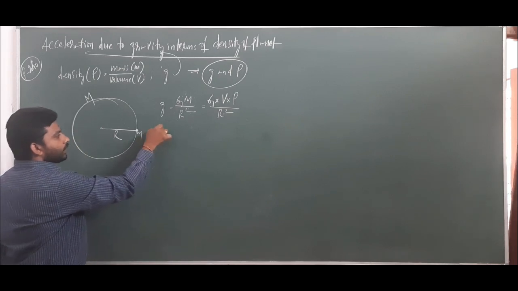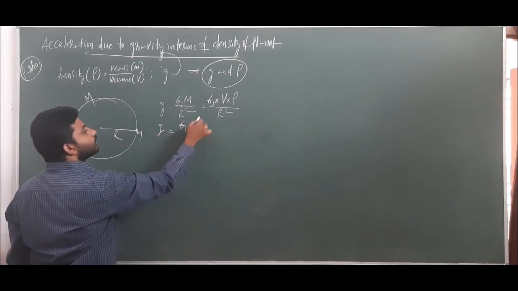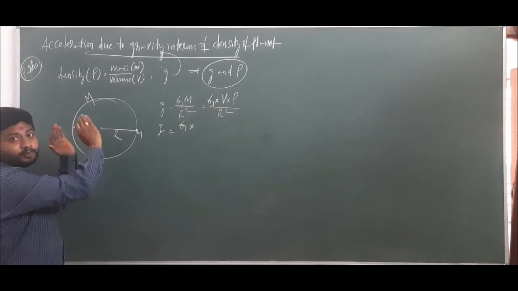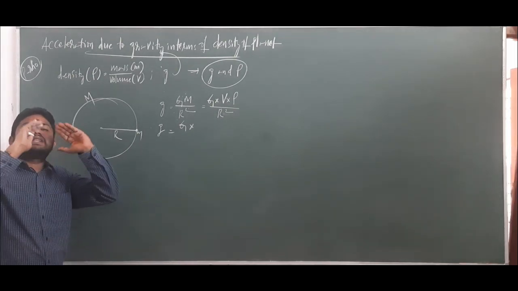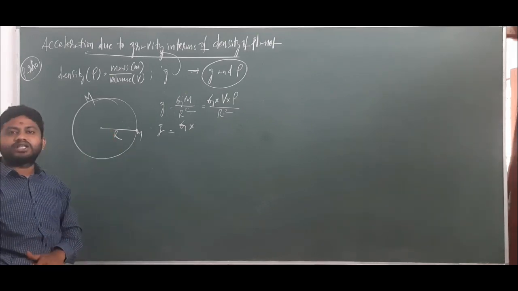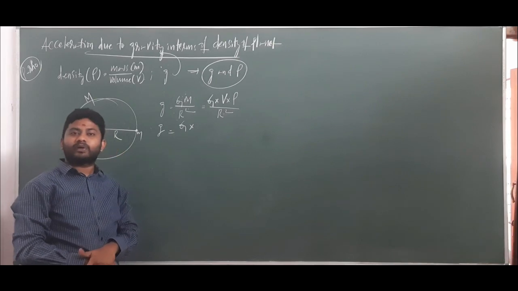Okay. Now, come back. Acceleration due to gravity is capital G into, so what's the volume of this? This is the sphere, right? Any planet you take is in the shape of a sphere, so we are considering spherical planets. What is the formula for the volume of a sphere?